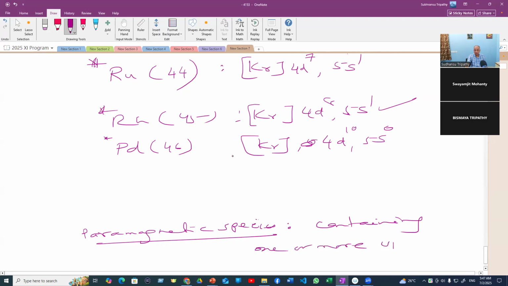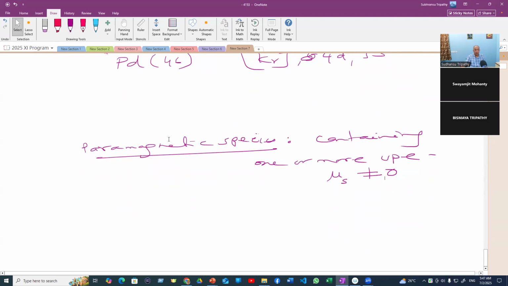One or more unpaired electrons. The spin magnetic moment mu is not equal to 0. It is non-zero. But on the contrary, some species are diamagnetic. About the properties of paramagnetic substances we'll know later, but I'm introducing the terms now.